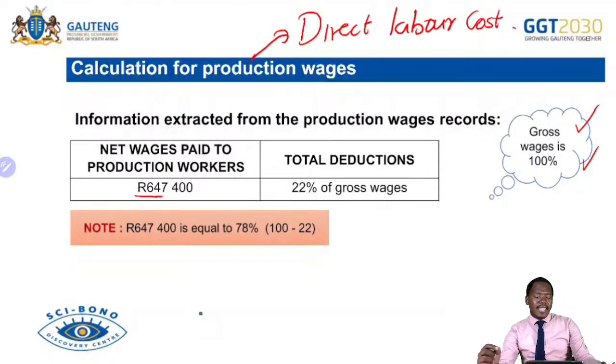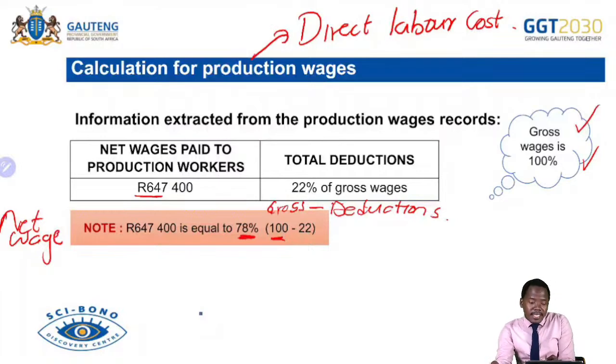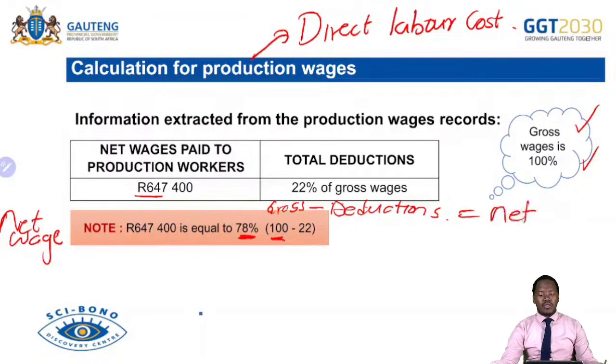My net wage, if my gross wage is 100%, then my net wage should be 78%. How am I arriving at 78%? It is the 100% of the gross minus the 22% of the deductions. Remember, gross minus deduction equals net. So I'm getting the 78%.